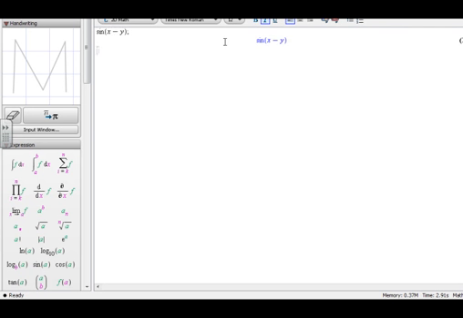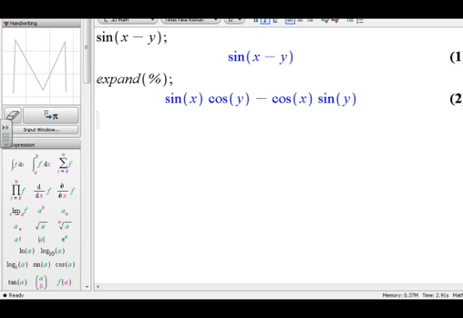Expand. All right, so that's sine, cosine, minus cosine, sine. Now, I wonder how long it's going to take us to remember that. Sine, cosine, minus cosine, sine.